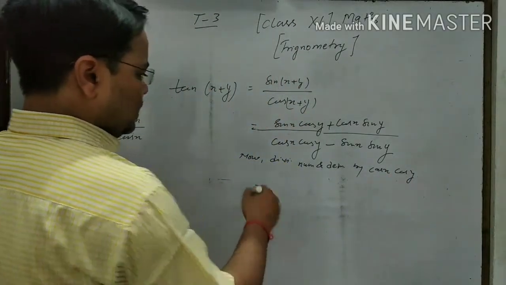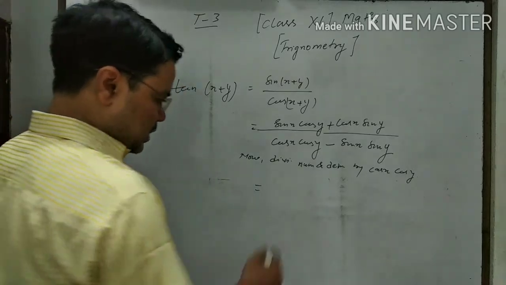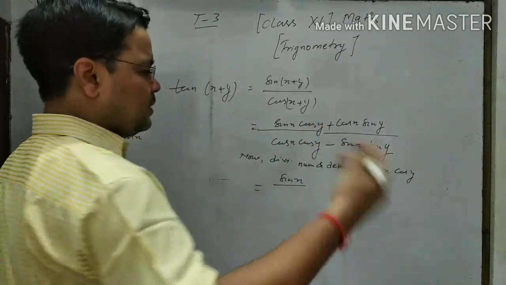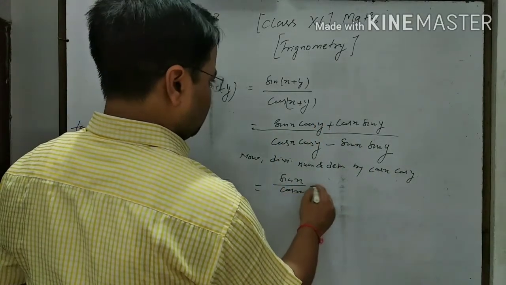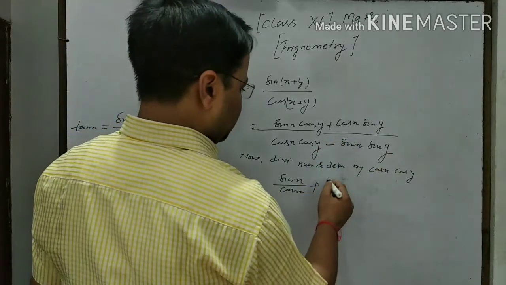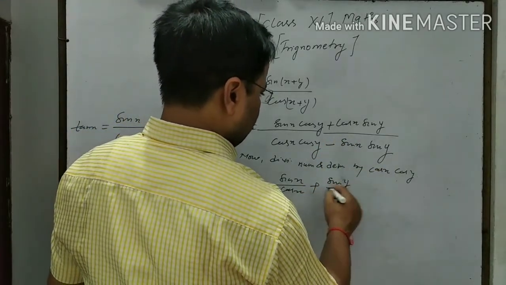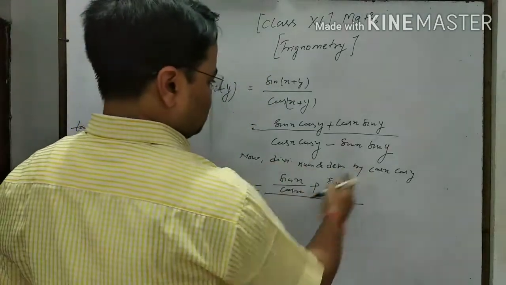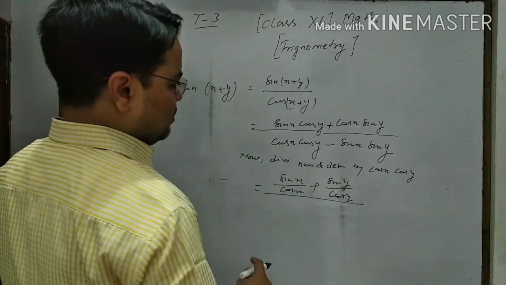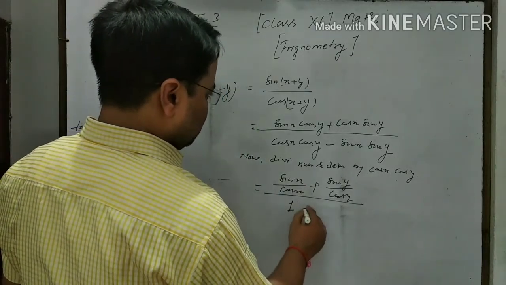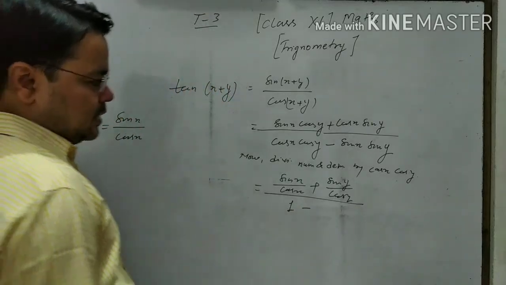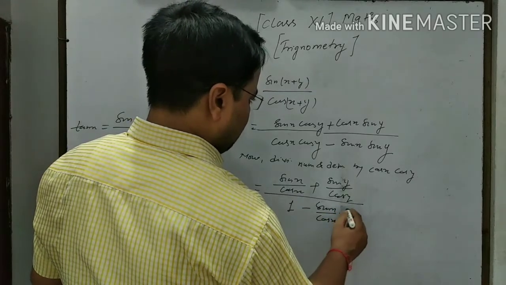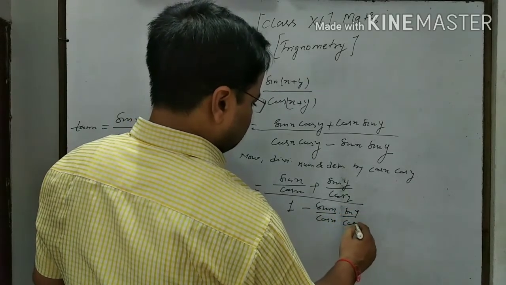Then what happened? Finally it will take this position: sin x, and here cos y will be cancelled, sin x upon cos x plus, again cos x cos y will be cancelled, it will be sin y upon cos y, whole upon, again cos x will be cancelled, cos y upon cos y means its value will be 1, minus sin x upon cos x and sin y upon cos y.